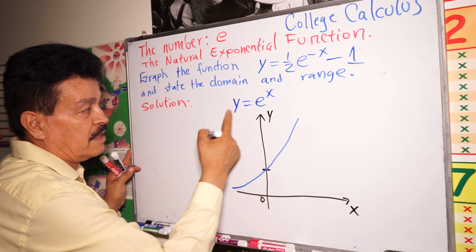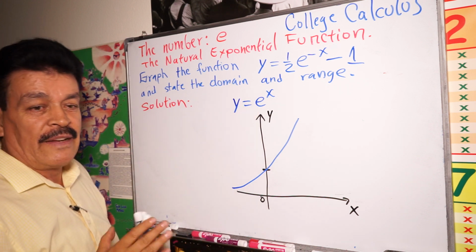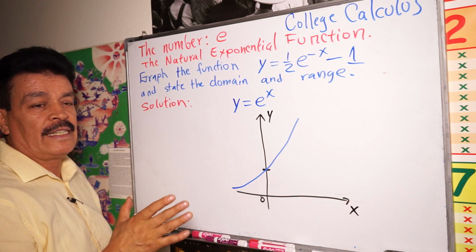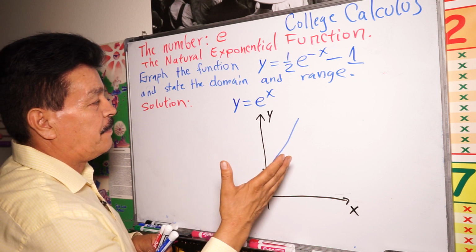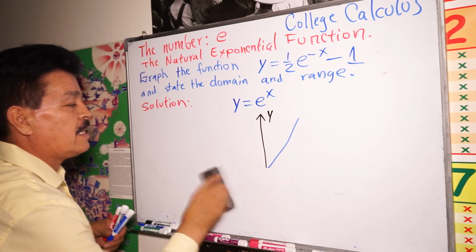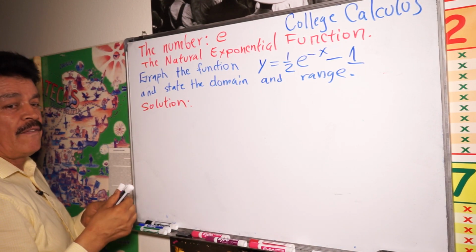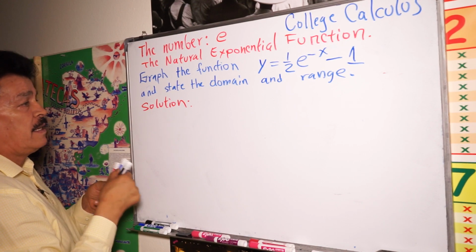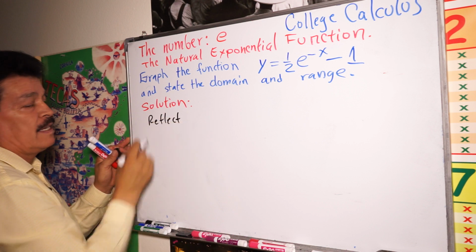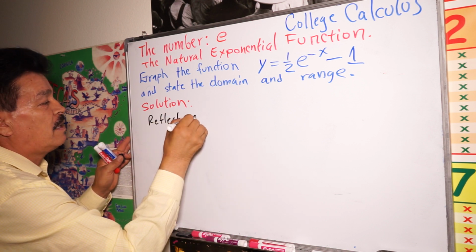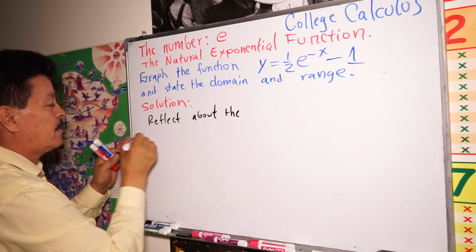This graph is y equals e to the x exponent. So now reflect about the y-axis to get the graph y equals e to the minus x. Let's erase this, and let me write the solution here, step by step: reflect about the y-axis.